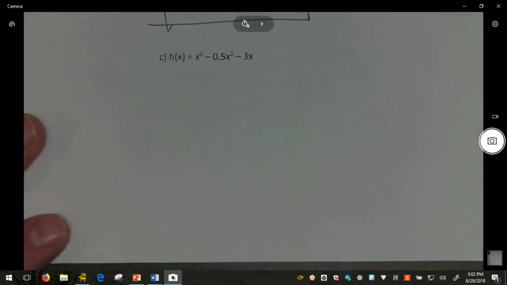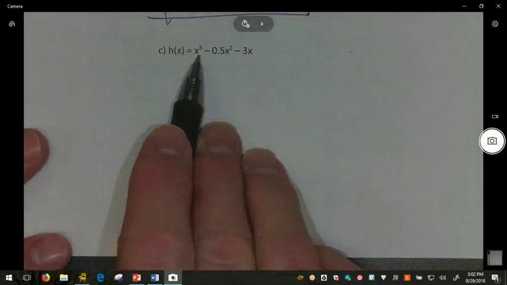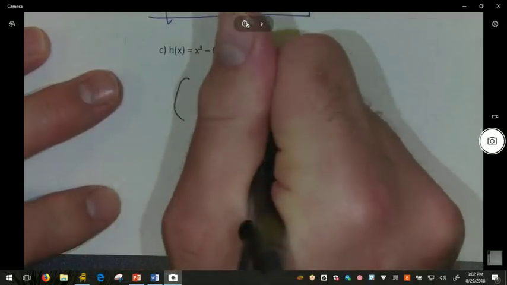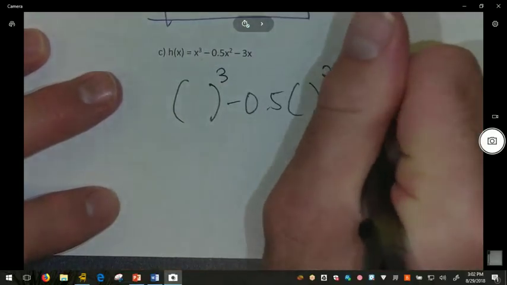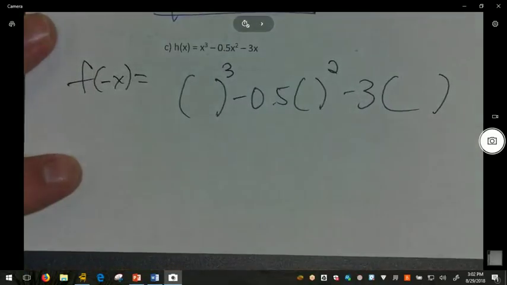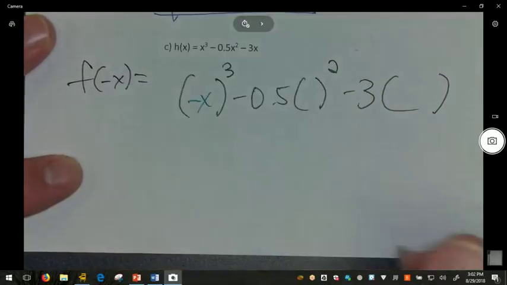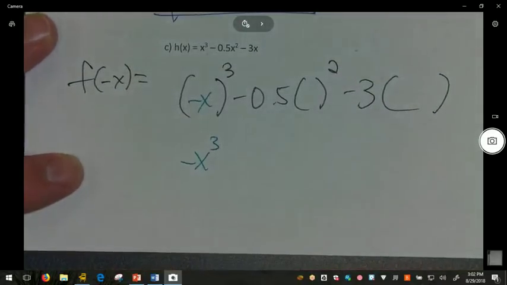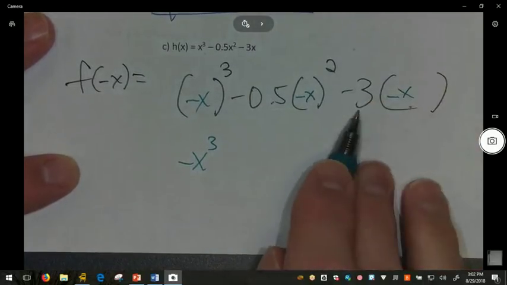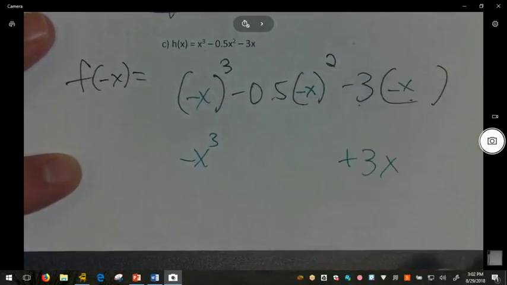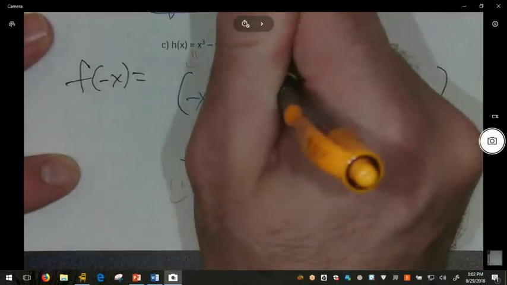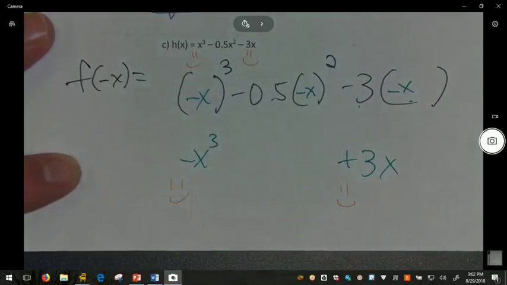And our last example. At first glance, seeing the degree of the polynomial, we may think that it's odd, and it might be. But when we plug this in, let's take a look and see what happens. We're going to do f of the opposite of x and see what we get. When I cube that, it stays negative. So far, this looks odd. When I do the opposite of x times negative 3, that becomes positive. So far, this looks odd because these are opposite signs from the original equation.